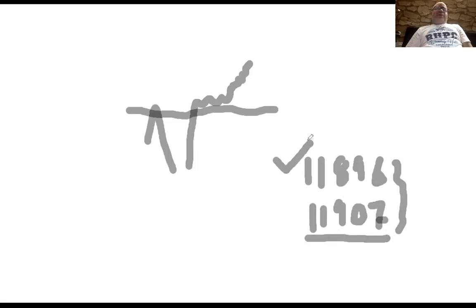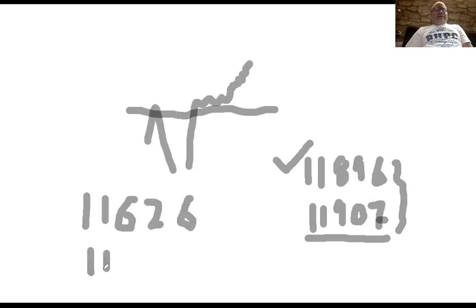A lot of people are saying that on the slide I have put that last month's high is this month's low. Now last month's high was 11,626 and this month's low is 11,670.